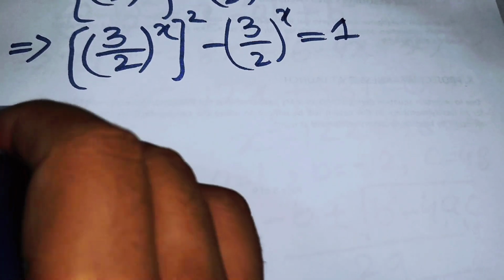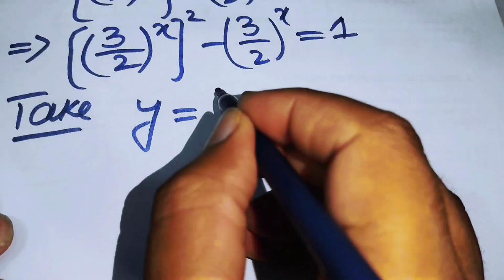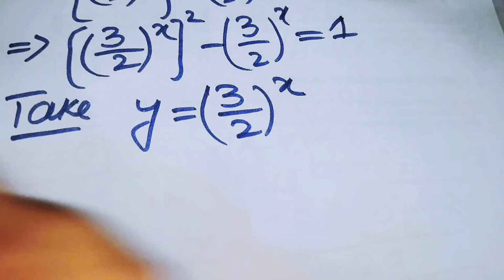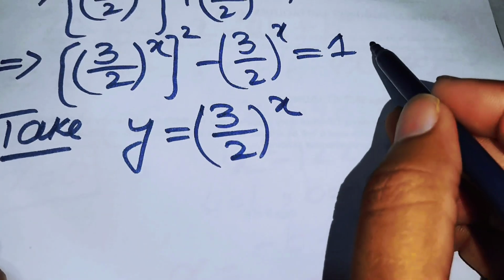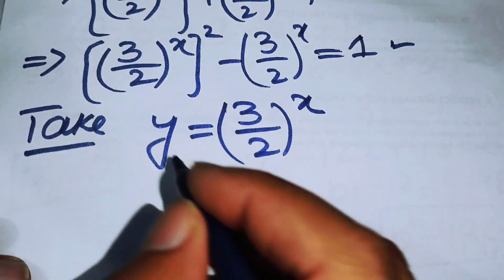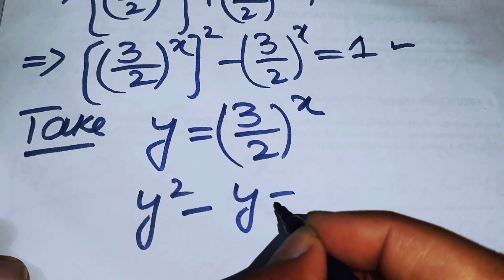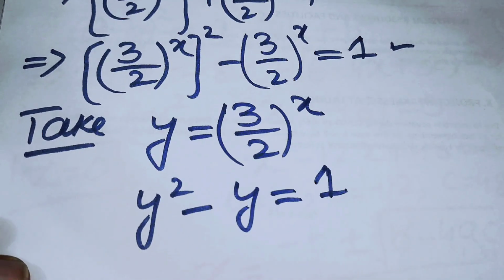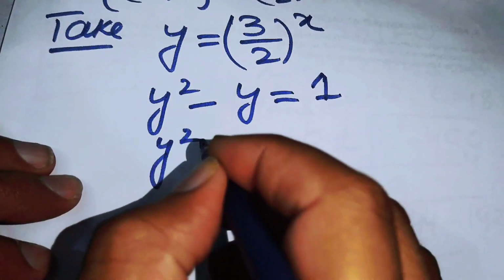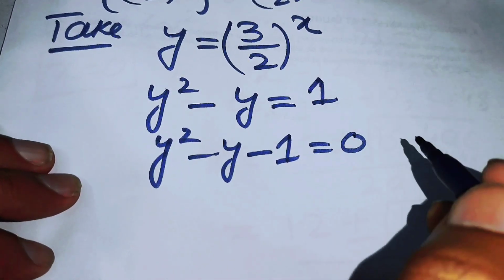After that we take y is equal to 3 over 2 to the power of x, so that this exponential equation becomes in quadratic form, and it will be written as y square minus y is equal to 1. And now we move this 1 from the right to the left hand side, and it becomes y square minus y minus 1 is equal to 0.